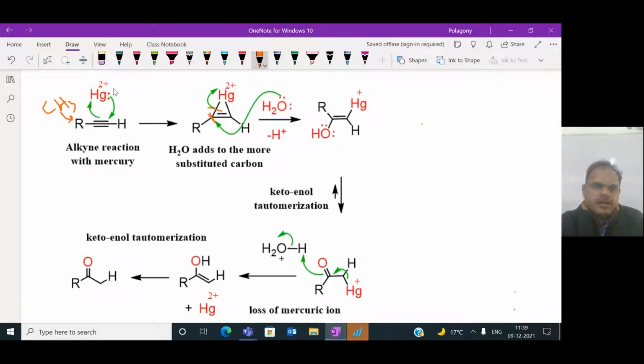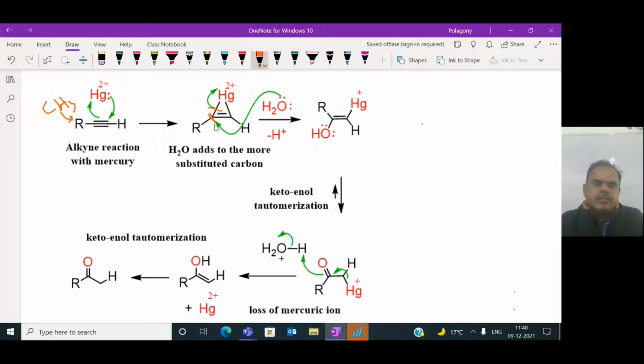When this mercuric ion interacts with the triple covalent bond and causes polarization, it makes bonds with these two carbons, since mercury is a divalent cation. After this step, this is the intermediate, a mercury substituted compound.